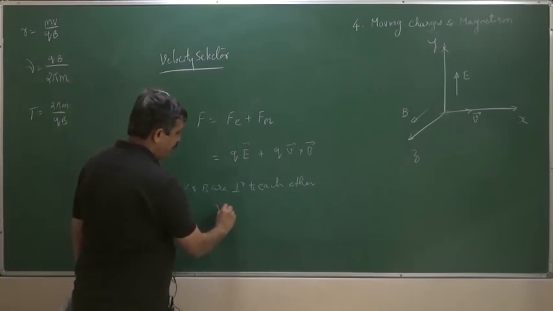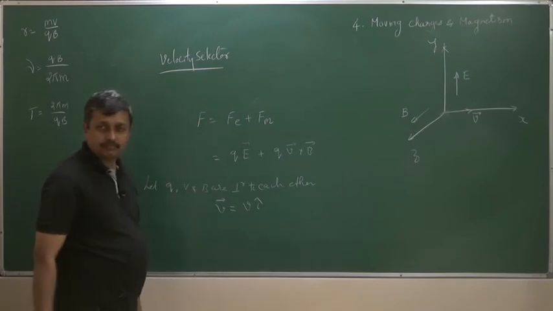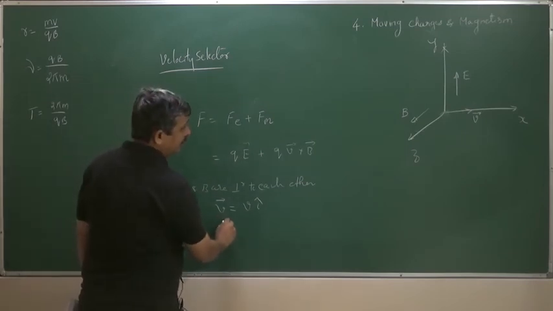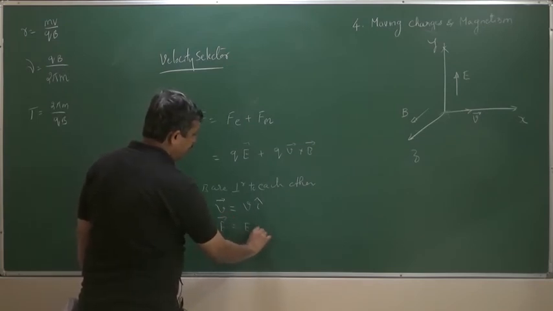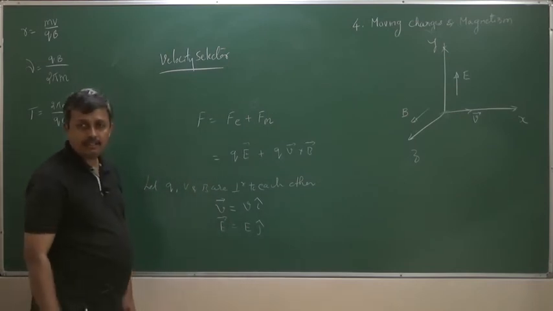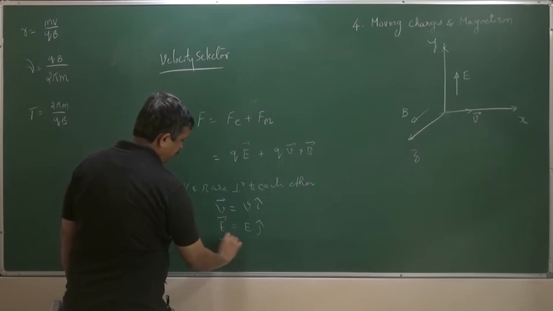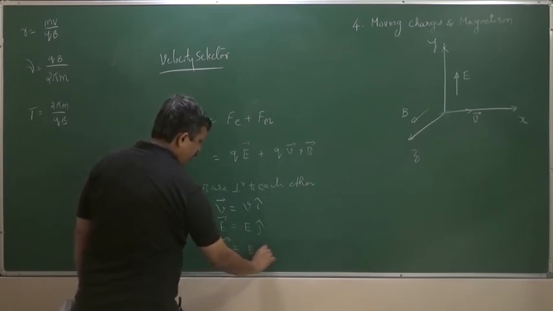V can be written as magnitude V into i cap. Let's say E is written as magnitude E into j cap, in the Y direction. Similarly B can be written as magnitude B into k cap.